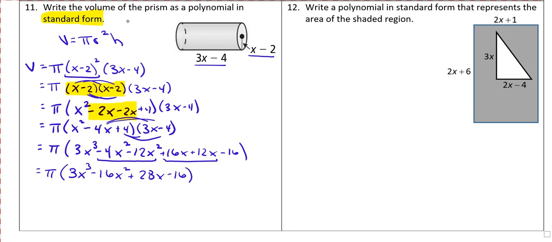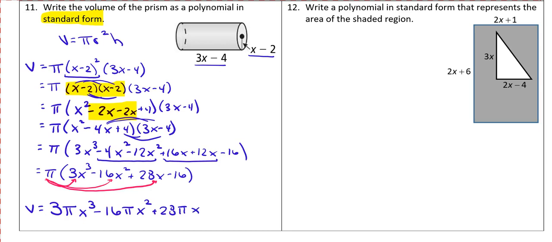And then finally, we're going to distribute this pi. Now, we're going to be very strategic in where we place it. We're going to place it between the number, but before the variable. So on each one of these, we're going to place it after the number but before the variable. Okay, so on here, we're going to say that volume equals 3 pi x cubed minus 16 pi x squared plus 28 pi x minus 16 pi.